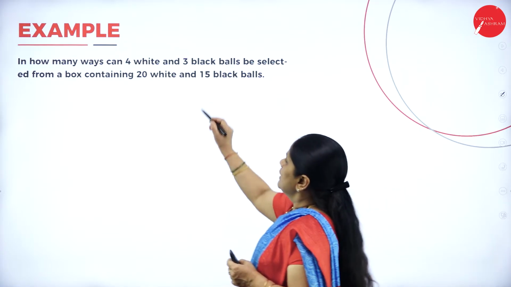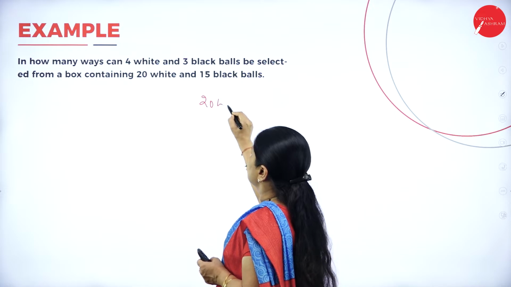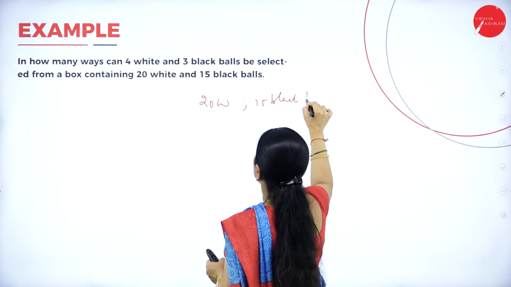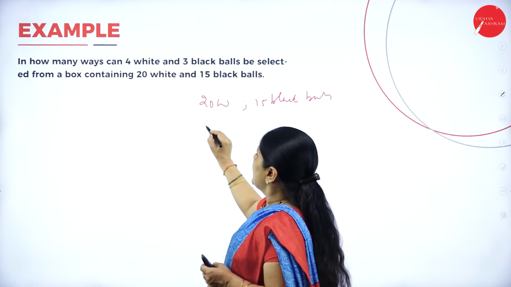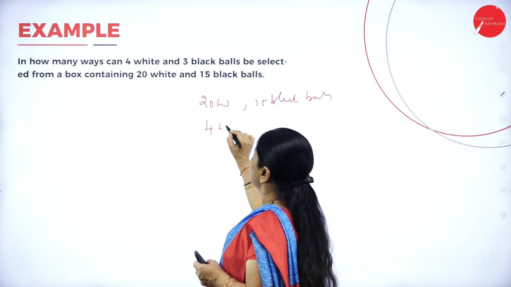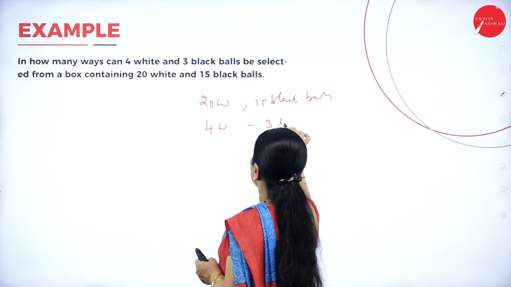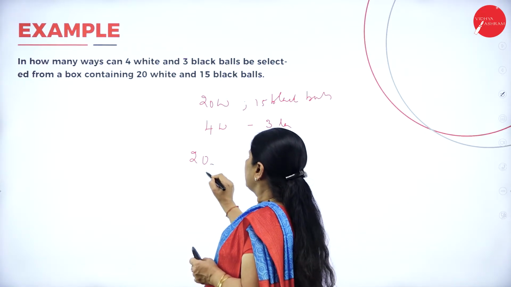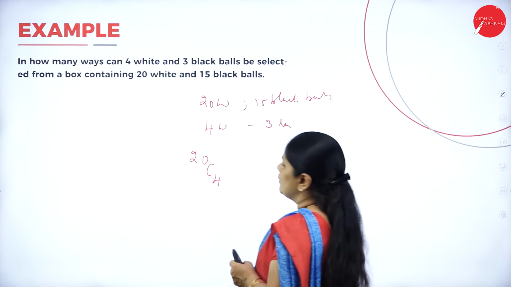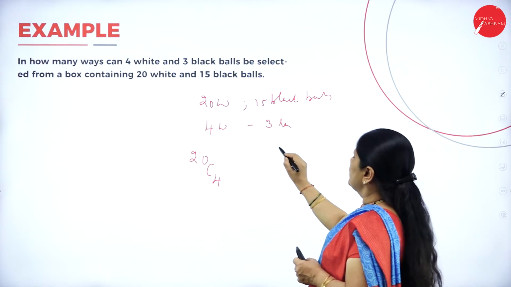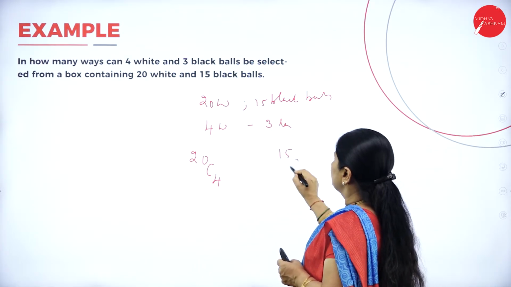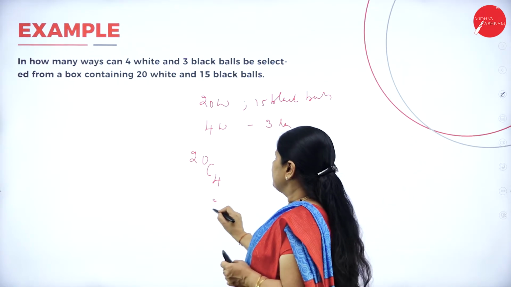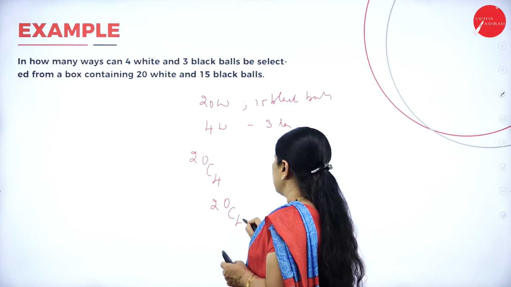So, there are 20 white and 15 black balls. Out of this, we have to make a selection of 4 white and 3 black. So, out of 20, I have to make a combination of 4, and out of 15, a combination of 3.